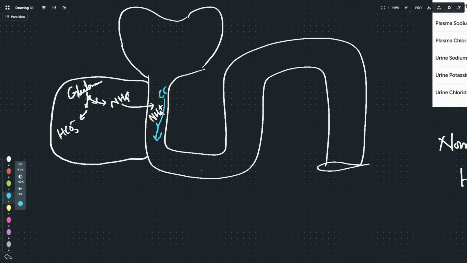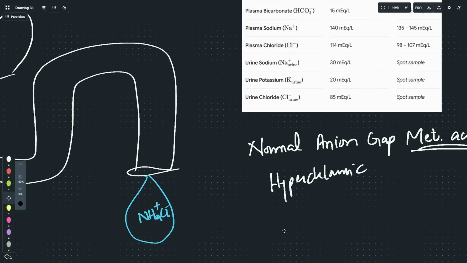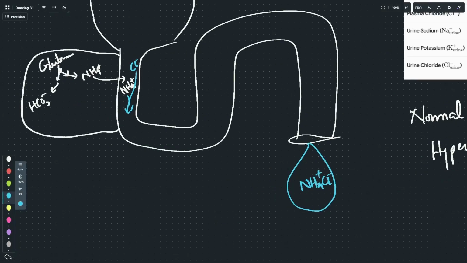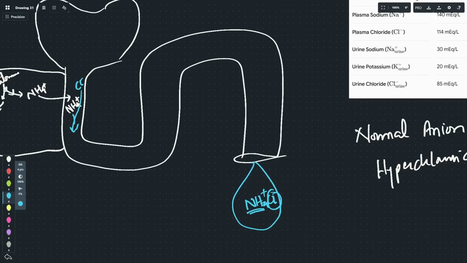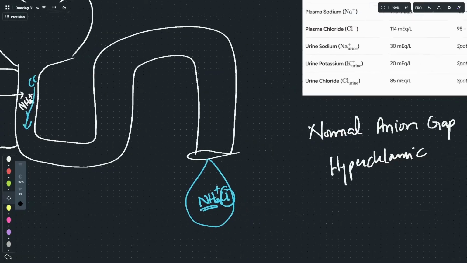So it will pair up with chloride and come out as NH4Cl, NH4 positive, Cl negative. Understand this please: if more chloride is coming, it means more NH4 positive is there in urine. So if we measure the chloride level and compare it with other ions, we can measure how efficiently the kidneys are getting rid of acid, right?